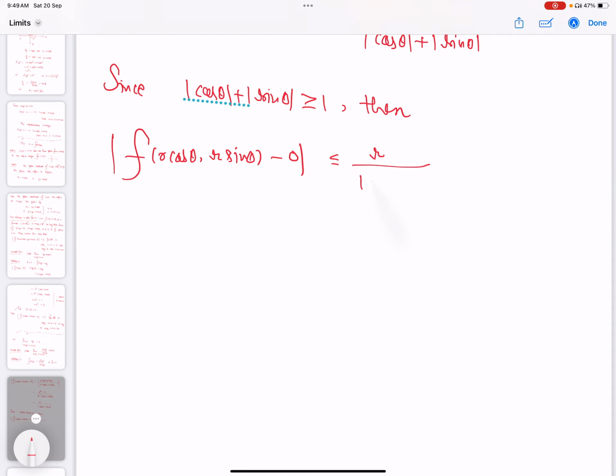Because the denominator is greater than or equal to 1, it becomes like this. So this is r. I want to make it less than epsilon.